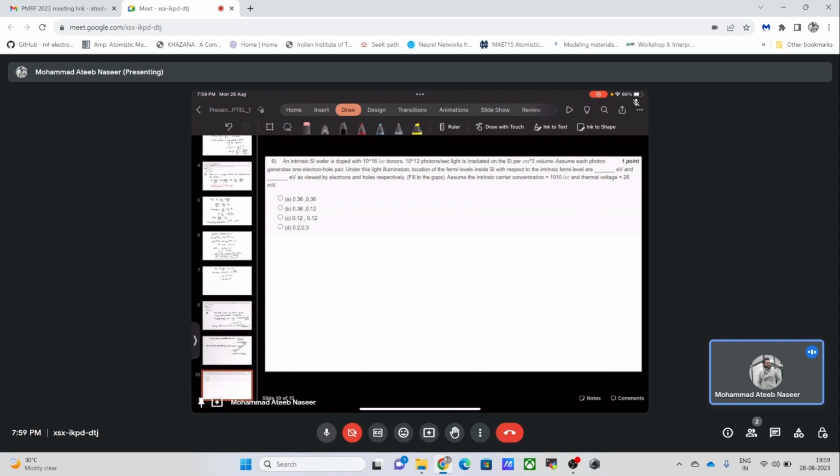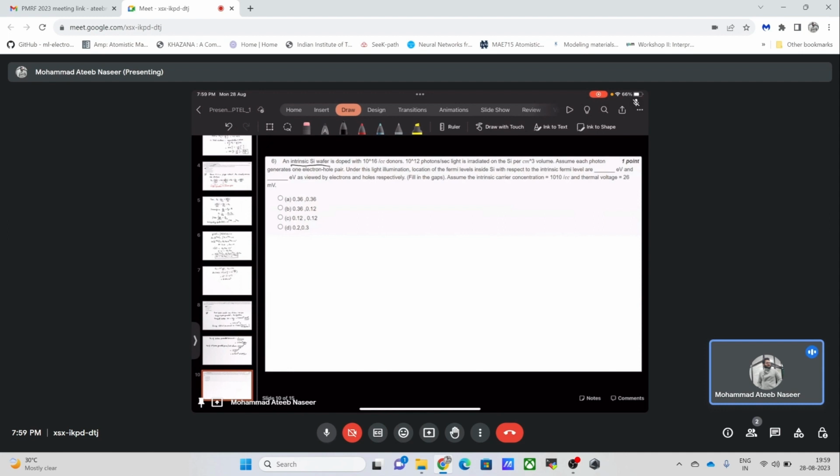This is also on this single semiconductor bar, where this semiconductor bar, silicon, has been doped with donor this time, and the donor impurity concentration is 10 to the power of 16 per centimeter cube. And to this material we are using some external light source to illuminate this material, as a result of which we are having excess electron and hole concentrations being generated.